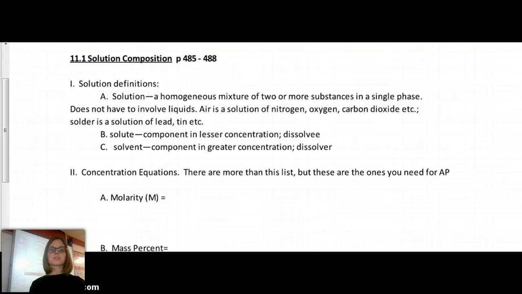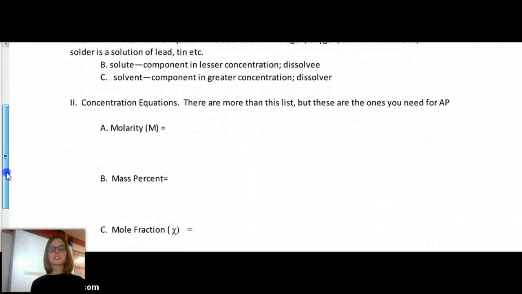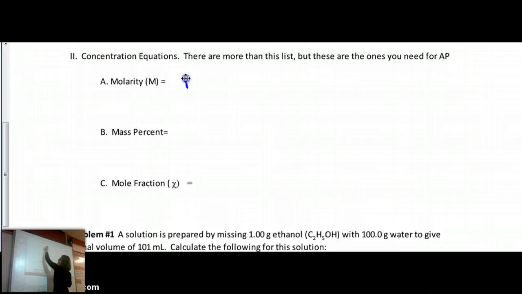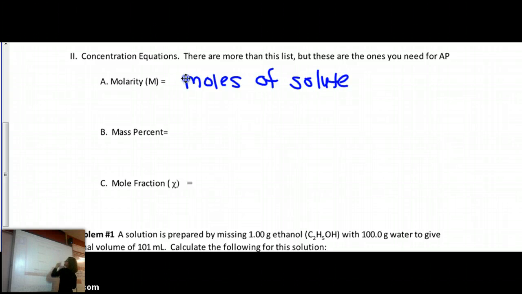Now, in order to calculate concentration, we have several equations, and this is actually not a conclusive list, but these are the ones that you'll need on the AP exam. To start with, we're going to look at the equation for molarity. As we've seen in the past, molarity is equal to moles of solute divided by liters of the entire solution.